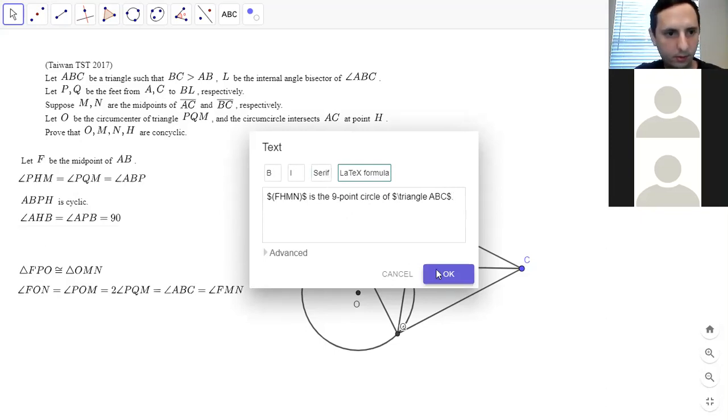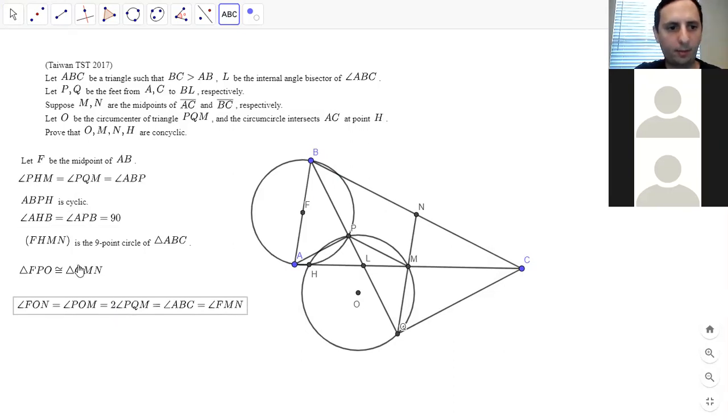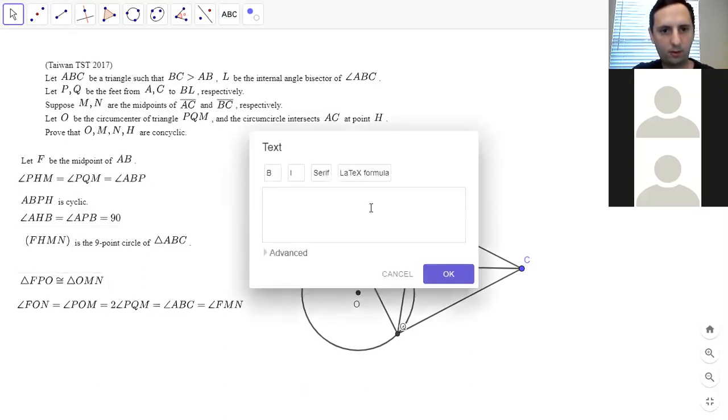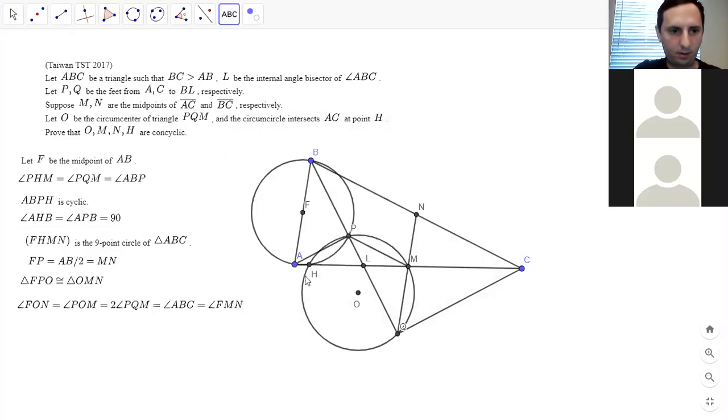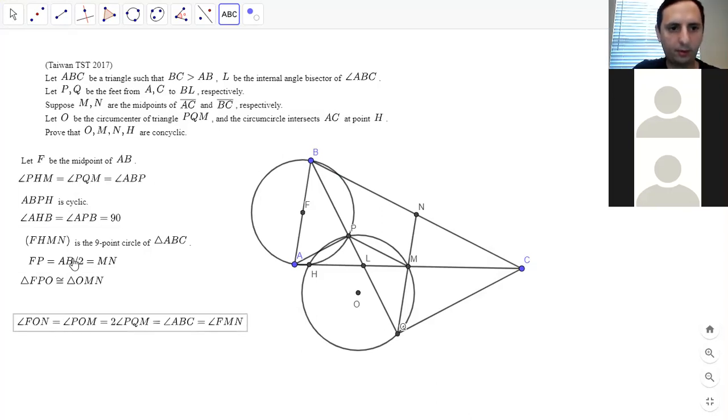And then FPO is congruent to OMN. That's because first we have FP is half of AB, which is MN. And we also have OP equals OM, which is obvious.